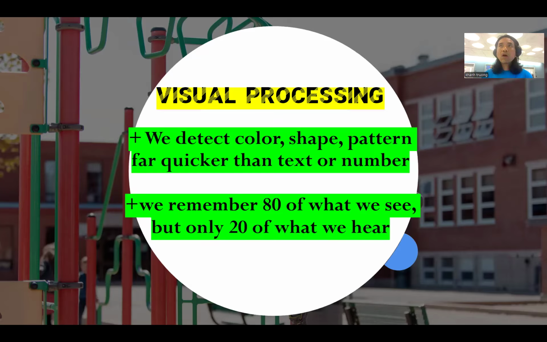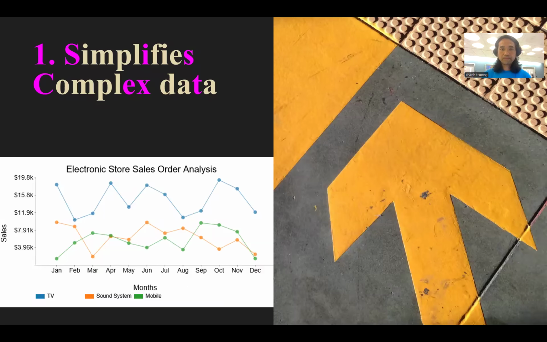So not only does our brain process the information quicker, but we tend to retain it much longer, in months to come, years to come. So first of all, it simplifies complex data.